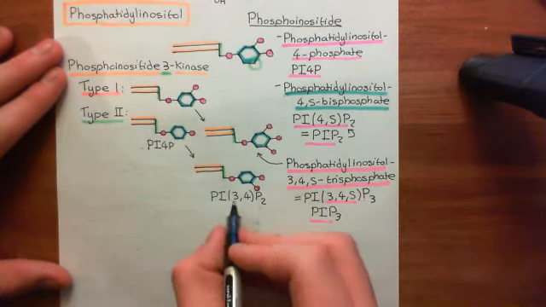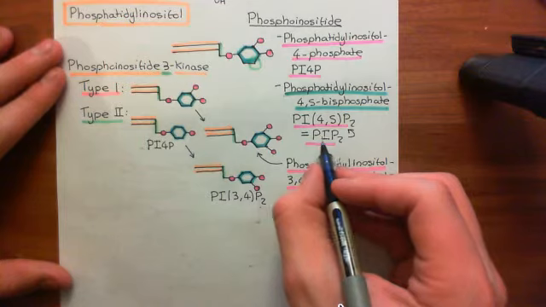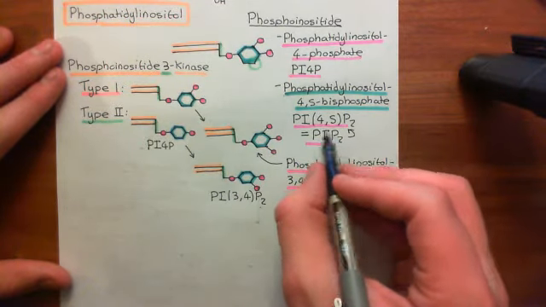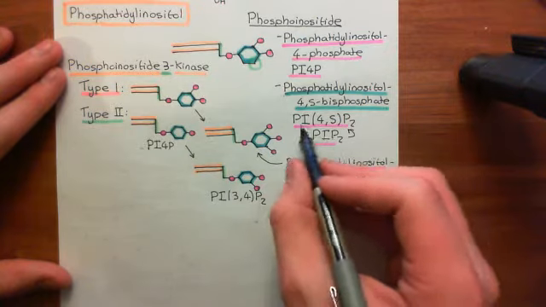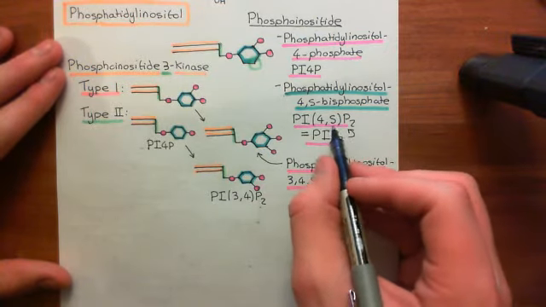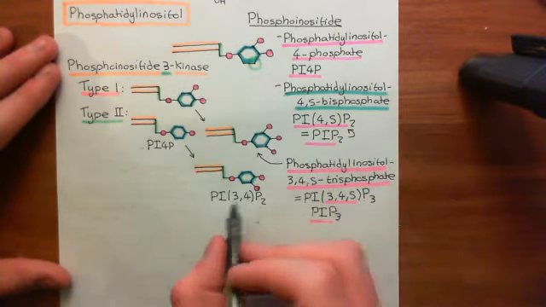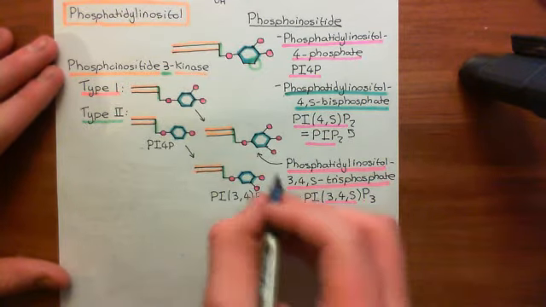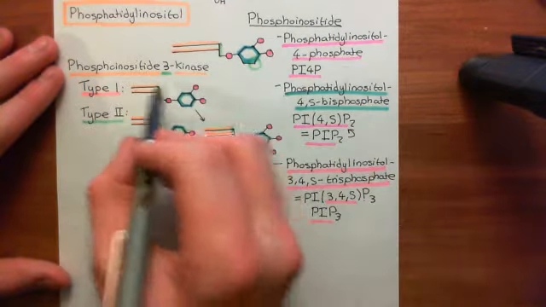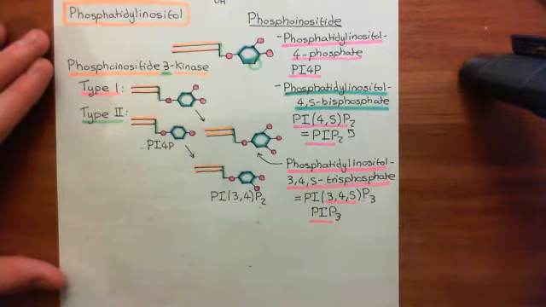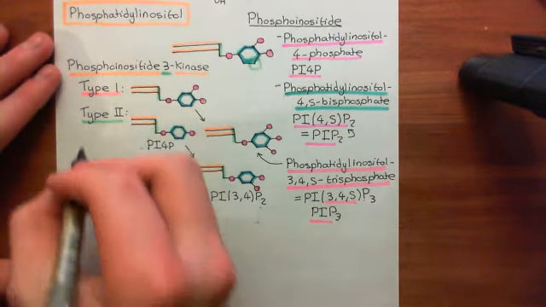Now you cannot abbreviate PI34P2 down to PIP2, okay? If you abbreviate this down to PIP2, people will think you are talking about PI45P2. So that's the only one that can be abbreviated to that, not this one. So this is a different molecule to this, and I hope you understand why now that I've explained the optical isomer of inositol that we are using here.